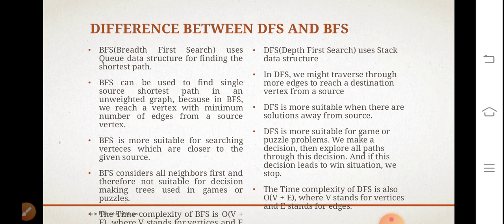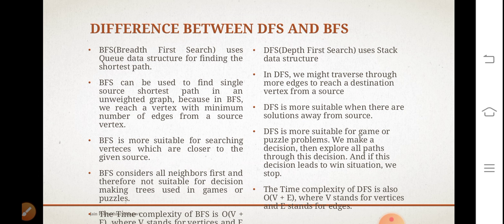Breadth first search uses the queue data structure for finding the shortest path, and DFS, that is depth first search, uses the stack data structure. BFS can be used to find the single source shortest path in an unweighted graph, because in BFS we reach a vertex with a minimum number of edges from a source vertex, and in DFS we might traverse through more edges to reach a destination vertex from a source.